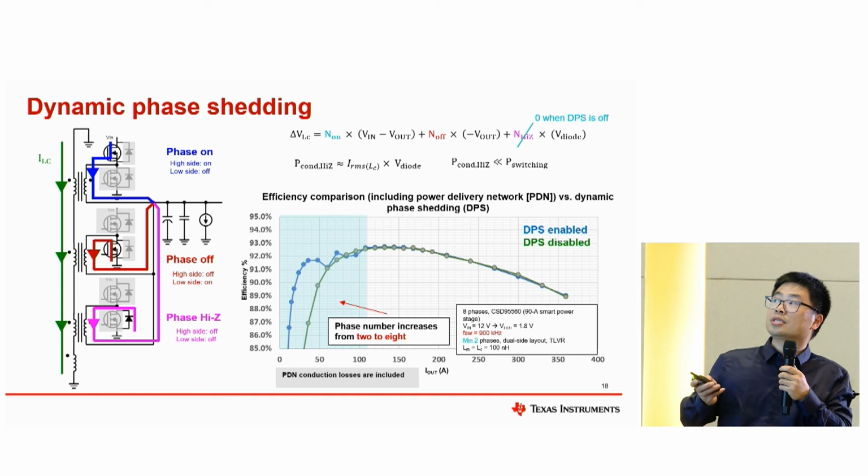That is because we do not enable the DPS. When the load current is lower than about 75 ampere, if we enable this DPS here, the efficiency will be much higher.